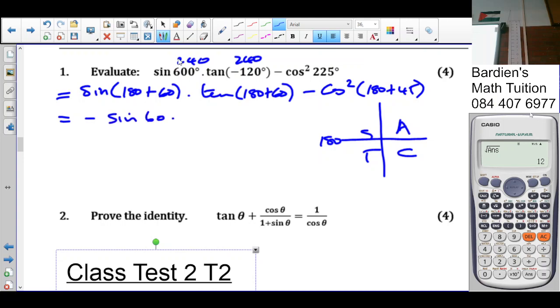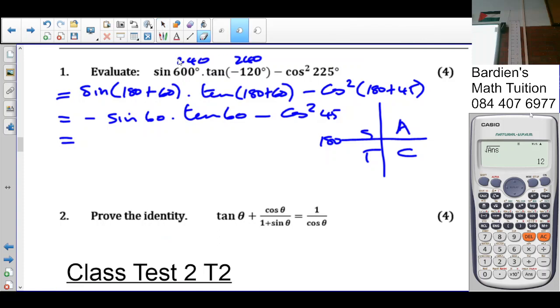Tan is positive, so tan 60. Cos is negative, but because of the square it remains positive, cos squared 45. Now that takes us to special angles.